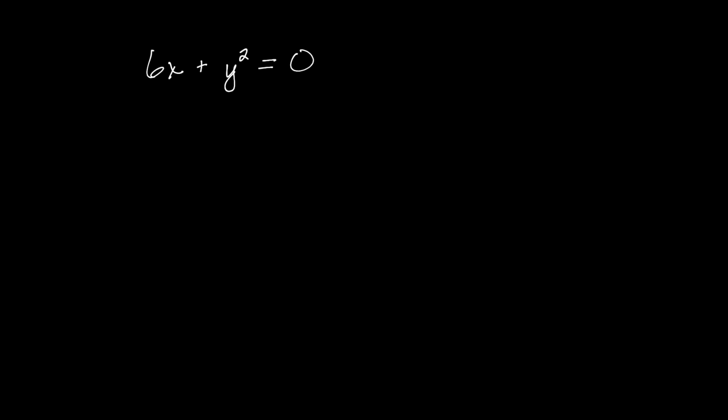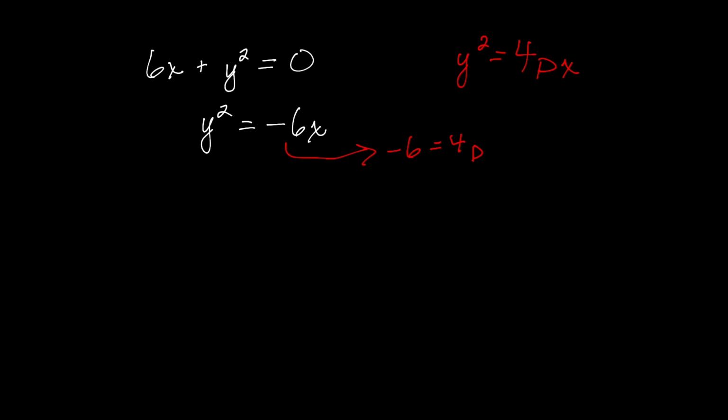But I'm going to write it in the form y squared equals 4px. So that ends up being y squared equals negative 6x. So that means negative 6 is equal to 4p, or that p equals negative 3/2. So that tells me that when I look at a graph of this, let me make a quick graph here.